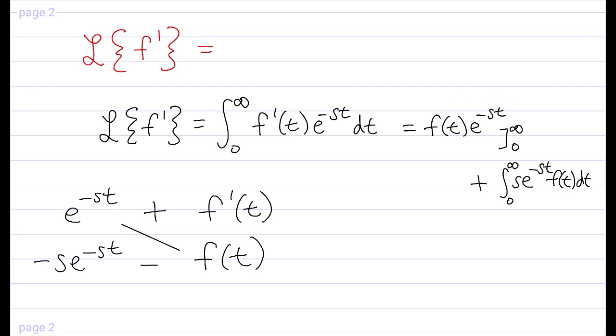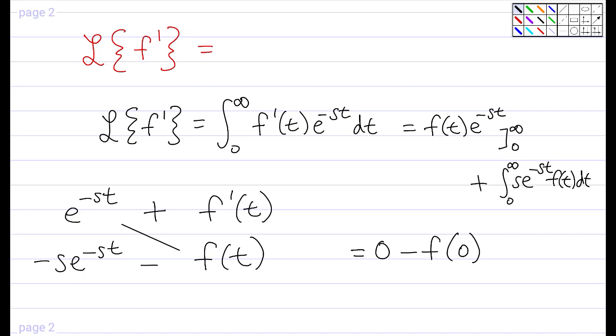Okay, so far I have 0. I plug in the lower bound of 0, well, the exponential goes to 0, and I get minus f of 0. So the exponential goes to 1. So when I plug in 0, I just get minus f of 0. Whatever that function is evaluated at 0.